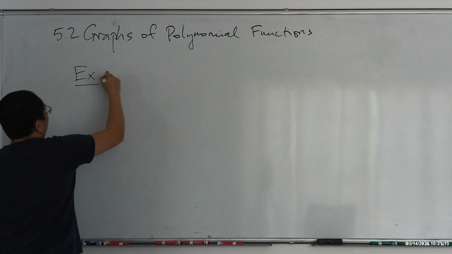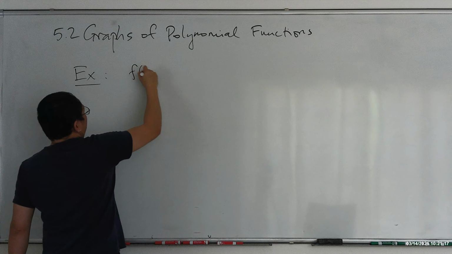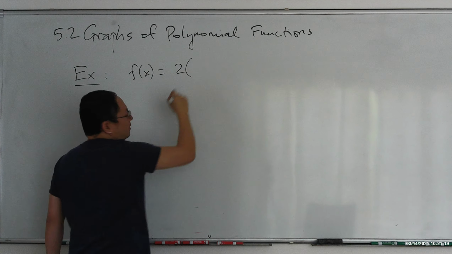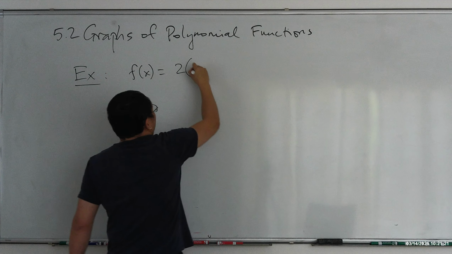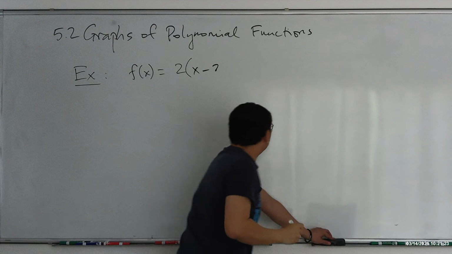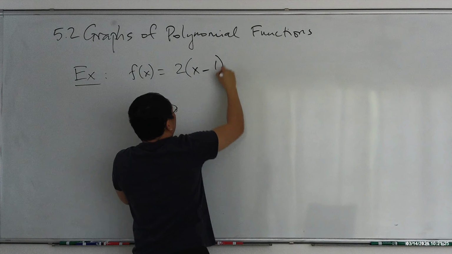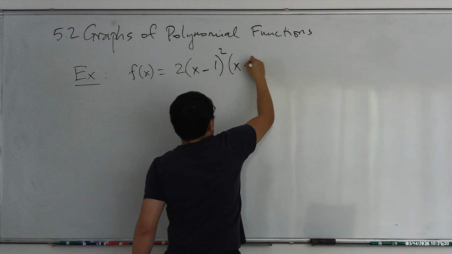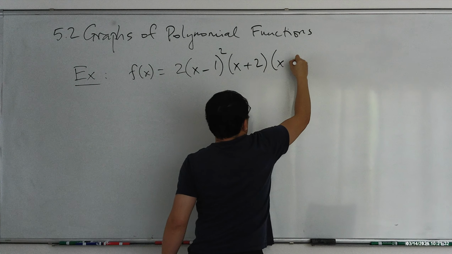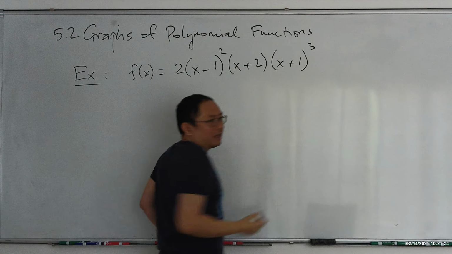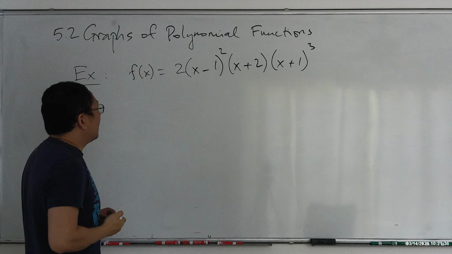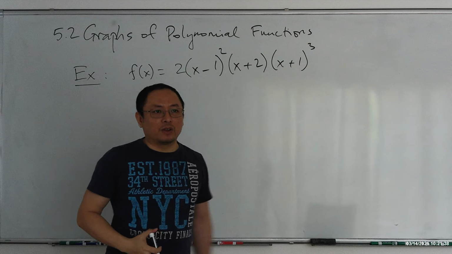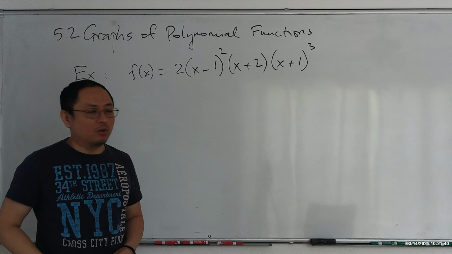Example: say you have a polynomial f of x equal to 2 times (x minus 1) squared times (x plus 2) times (x plus 1) cubed. And I gotta say this: in the book they show you how to factor this out to figure out the polynomial, but I claim that would not be a good idea.